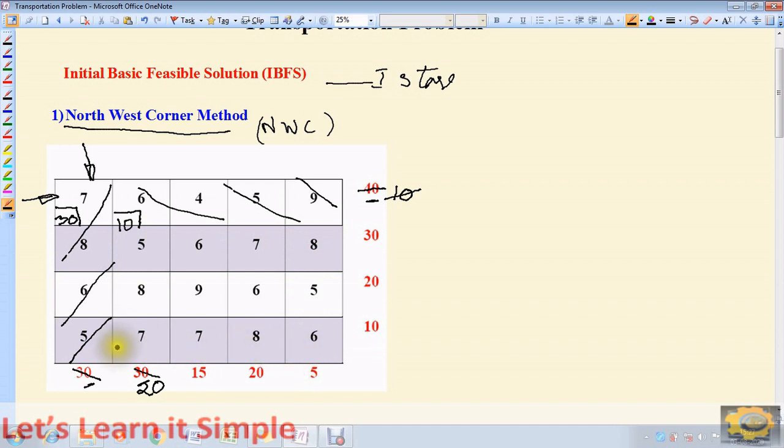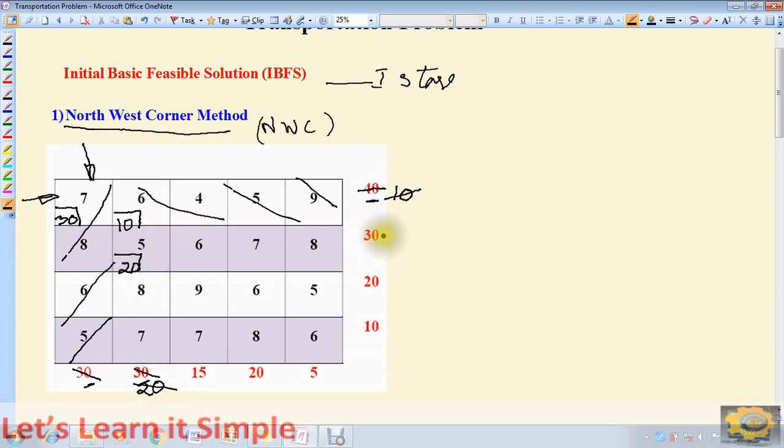In the remaining matrix, the northwest corner is cell 2, 2, which has the cost of 5. In the corresponding column, we have a value of 20. Along that row, you have a value of 30. Compare 30 with 20. So 20 is lesser, which can be allocated completely here.